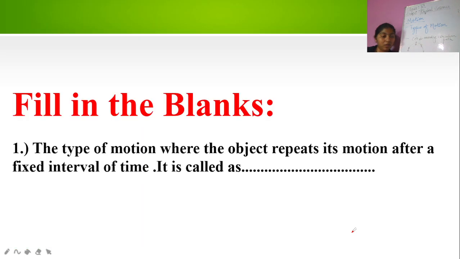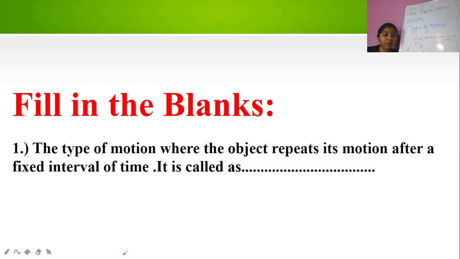Okay. Now let's come forward. This is a fill in the blanks for you, students. The type of motion where the object repeats its motion after a fixed interval of time is called dash. Which kind of motion is it, students? If any object is repeating its motion after an equal, fixed interval of time, what do we call that?